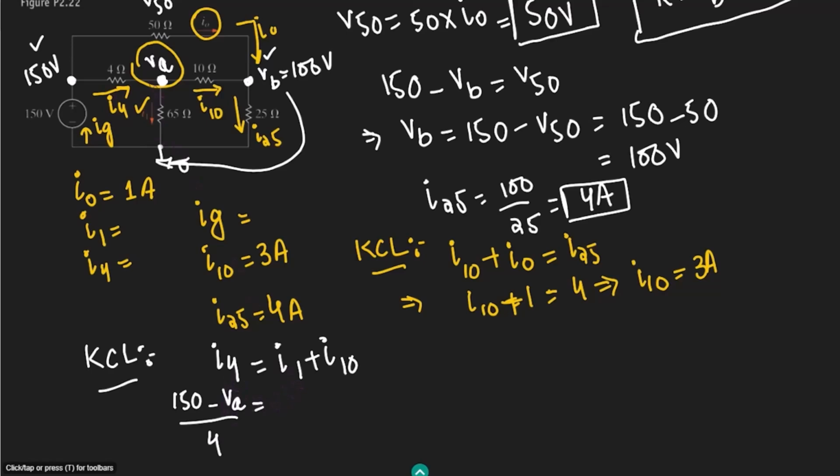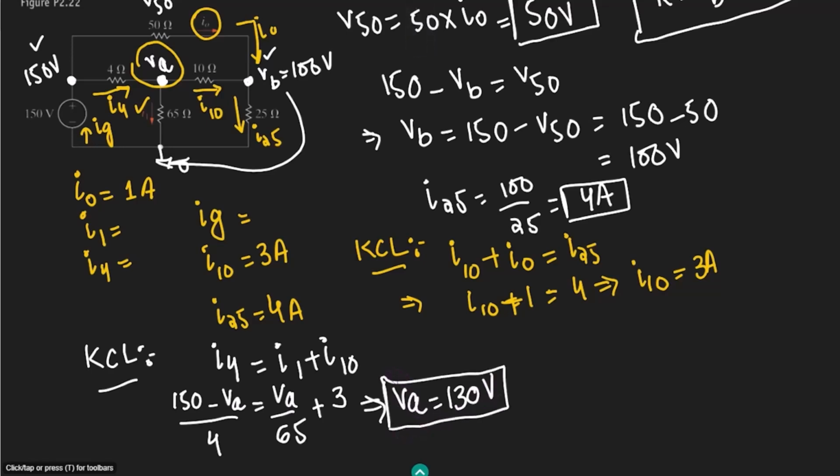Similarly for I1, this is VA divided by 65, plus the value of I10, which is already known, and that is 3. Once this is solved, we will get VA equal to 130 volts.